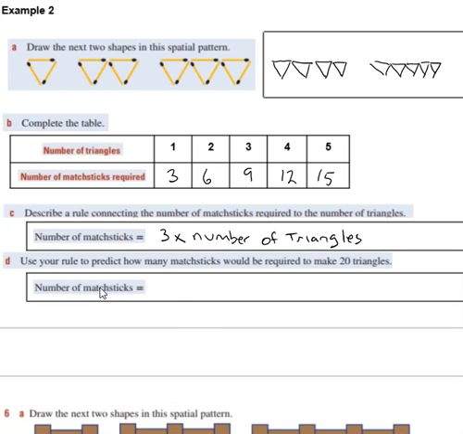And then finally, use your rule to predict how many matchsticks would be required to make 20 triangles. Well, we're just simply going to go, 3 times 20 triangles, we're going to need 60 matchsticks.